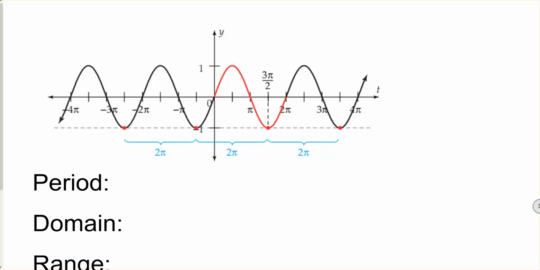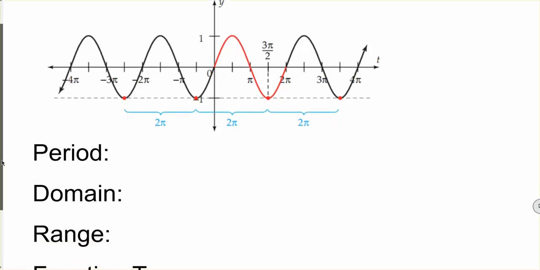A couple things you want to talk about is both sine and cosine have some unique relationships. We're going to talk about the period, and the period is pretty much how long it takes for the curve to repeat its graph.